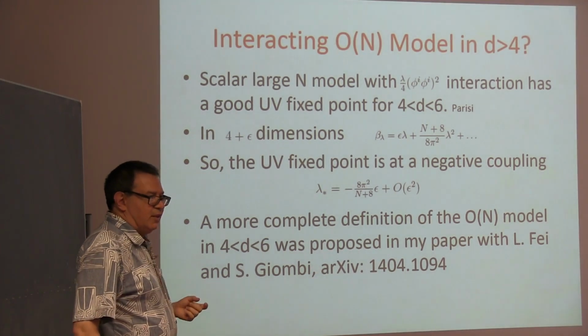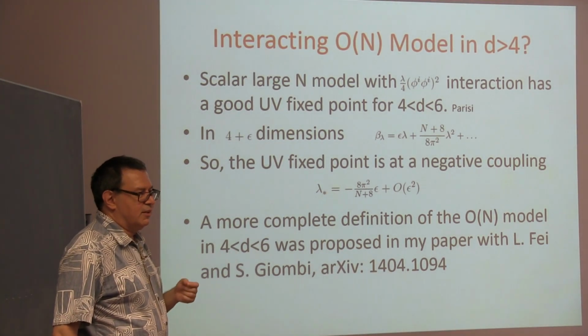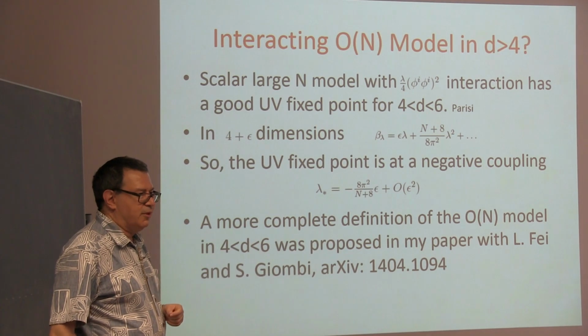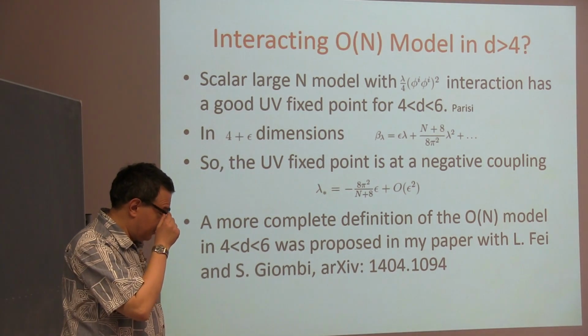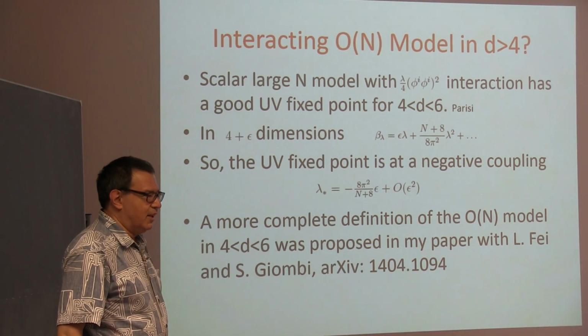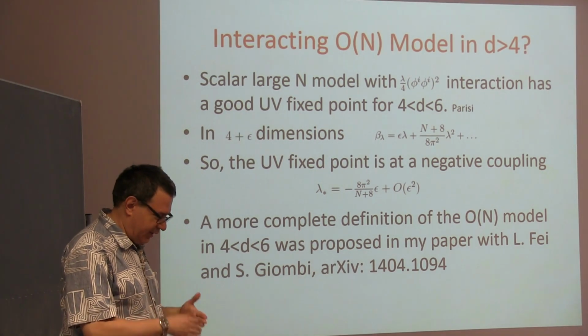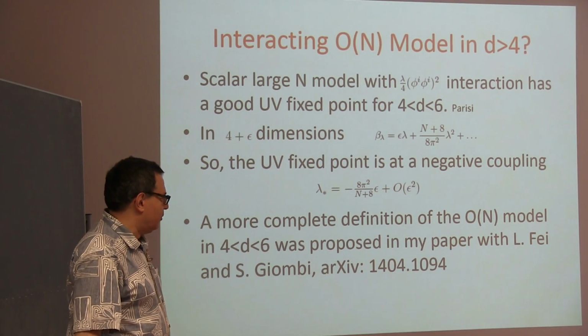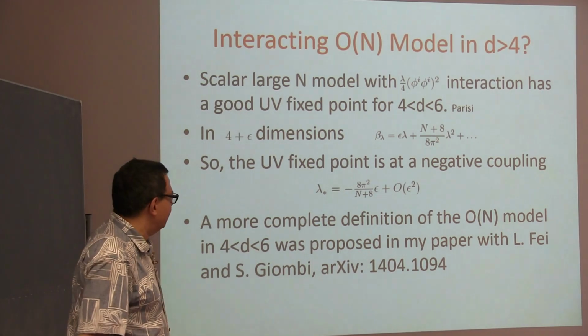This was actually, I think, Kurt Symanzik pointed this out before the discovery of asymptotic freedom in non-abelian gauge theory, because he was one of the very small number of people searching for asymptotic freedom.